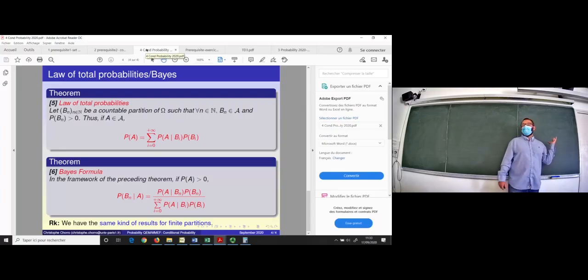Typically here, if I ask you to compute the probability that it was produced by factory 1 given that it is defective, you can compute it using this formula.